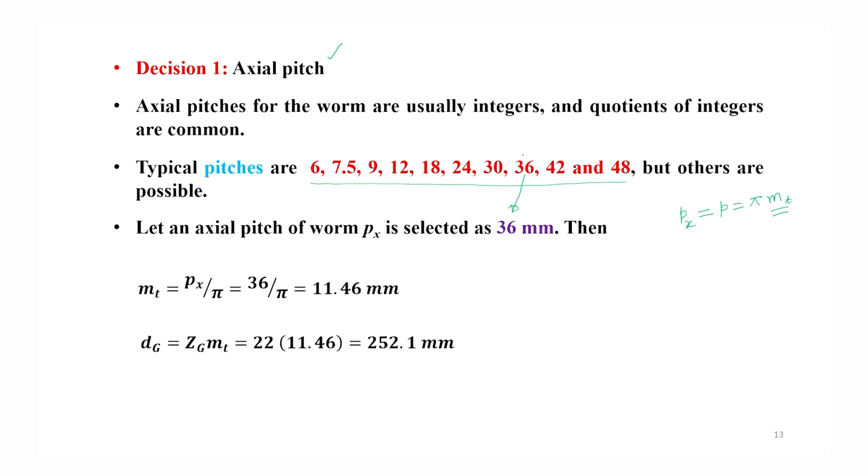Px we have selected as 36 mm. So, transverse module of the gear will equal 36 divided by pi, and that is 11.46 mm.